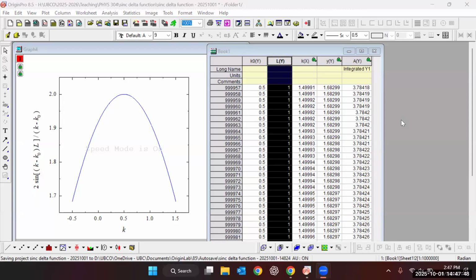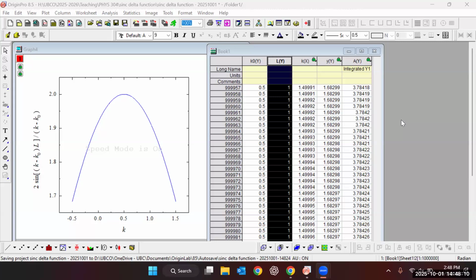Here's my k naught, and here's my L. So right now I have k naught set to 1/2, and I have L equals 1. So L is not infinity right now, it's just equal to 1. And then I'm calculating a bunch of kx values. I'm going to go from minus 1/2 to plus 1/2.